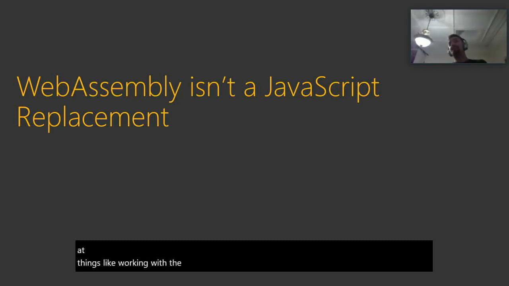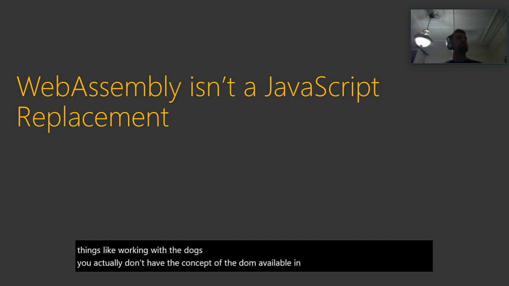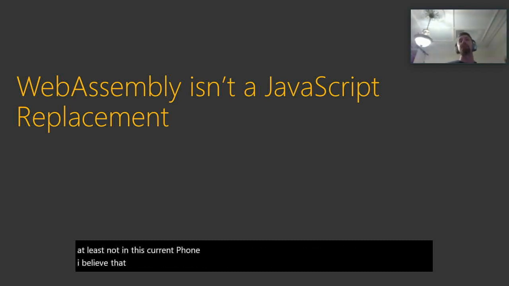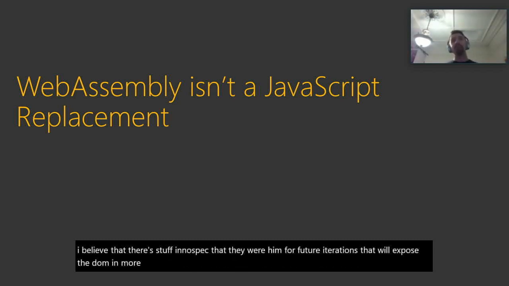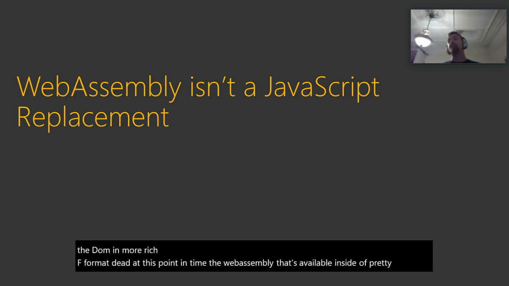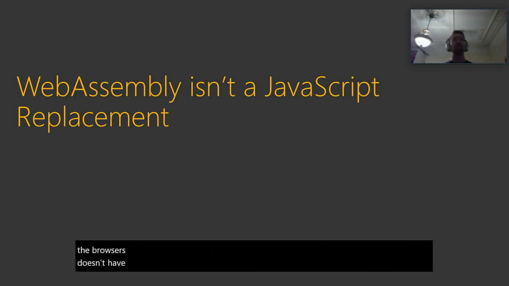You actually don't have the concept of the DOM available in WebAssembly, at least not in its current form. I believe that there's stuff in the spec that they're working on for future iterations that will expose the DOM in a more rich format. But at this point in time, the WebAssembly that's available inside of pretty much all the browsers doesn't have access to the DOM. You have to do a bunch of stuff to make that accessible.